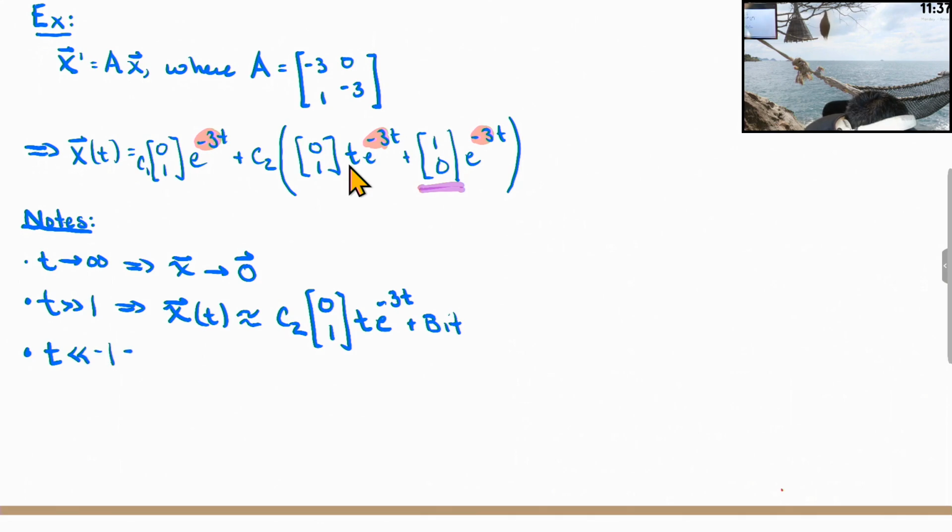Now we reverse the argument and say, let's look at the history. Let's look at what had gone on in the past. If t is much, much less than -1, what are all of these exponentials going to do now? They're all going to blow up, right? And as they're blowing up, term 1, term 2, or term 3, which is blowing up hardest?